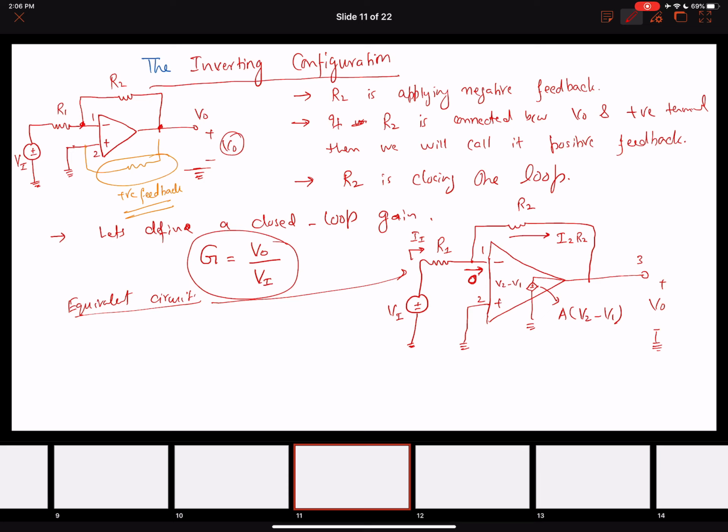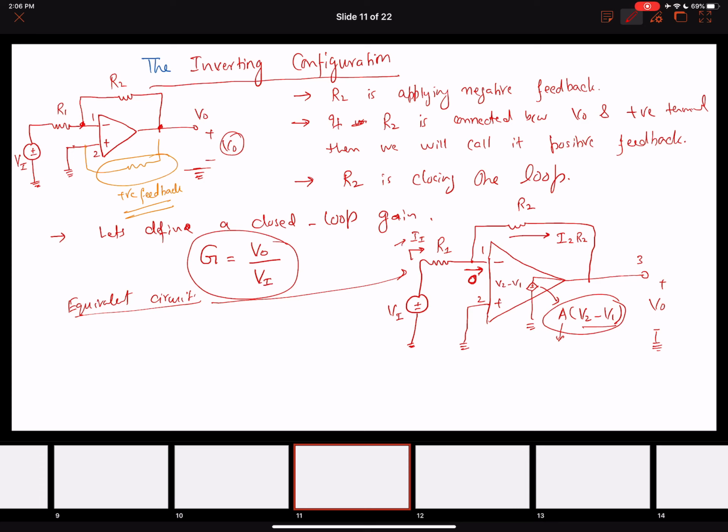Currently I'm assuming our op-amp to be ideal, so no current will go into the input terminals 1 and 2. Plus we know that we have this voltage controlled voltage source. A is our open loop gain, which is ideally infinite, and it is taking the difference V2 minus V1.